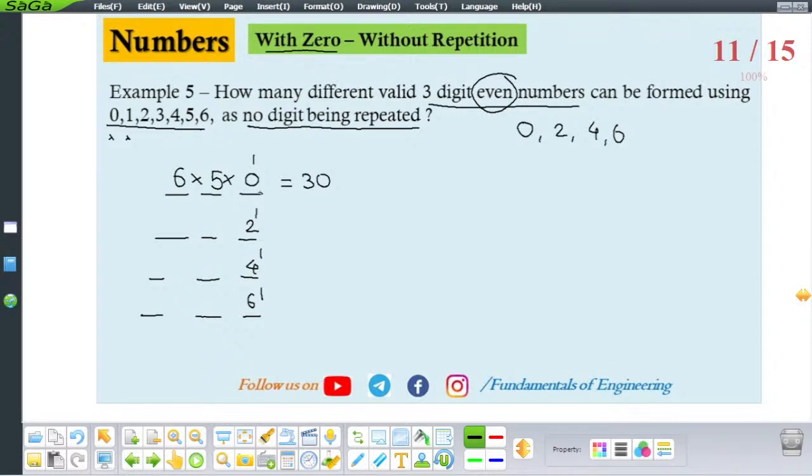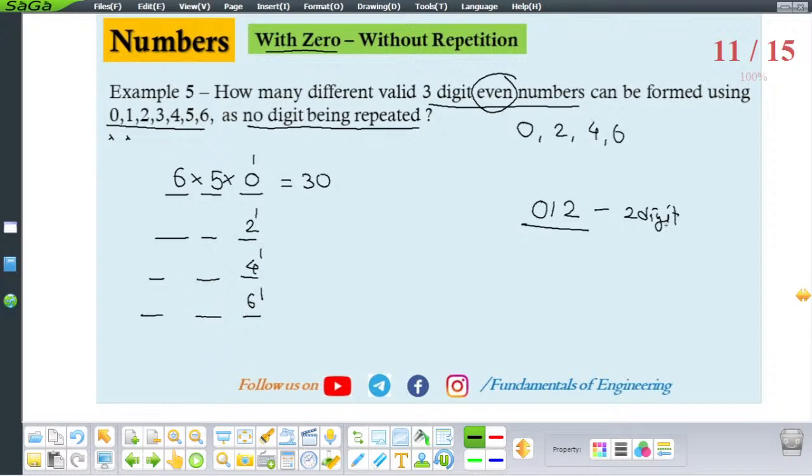Now here, whenever we are writing numbers, either 3-digit, 2-digit or 4-digit, we can't write a number starting with 0. Suppose in this example we have 2 at the unit digit, 1 at the second place and 0 at the first. Then this cannot be a 3-digit number, it will be a 2-digit number.